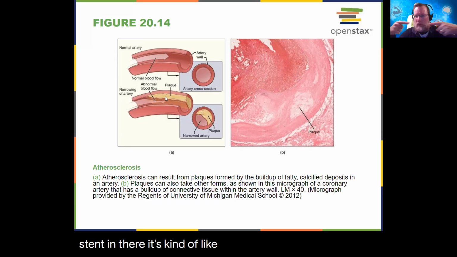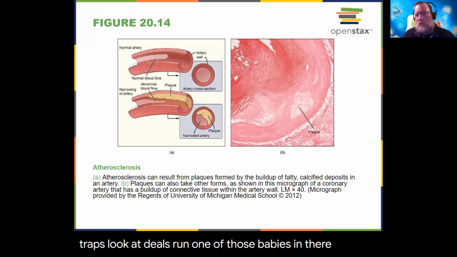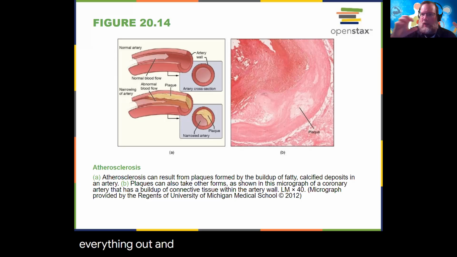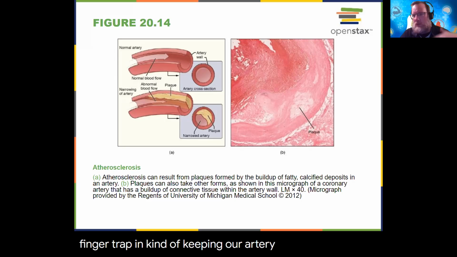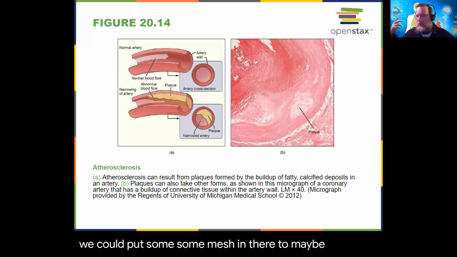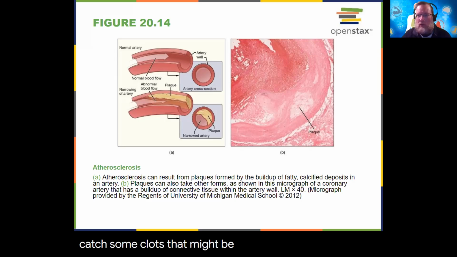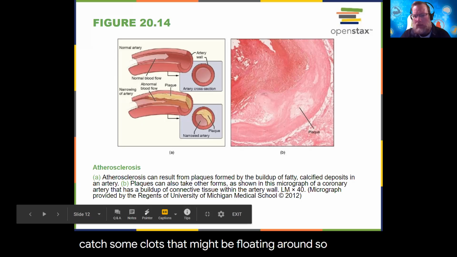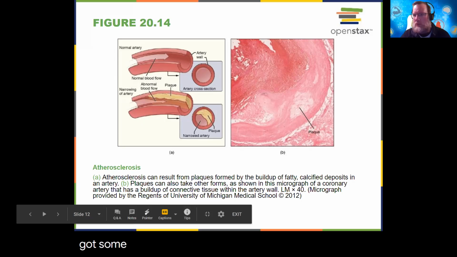It's kind of like one of those Chinese finger traps looking deals. Run one of those babies in there, pull everything out, and boom, we've got a stent, like a Chinese finger trap, kind of keeping our artery walls more stable. We could put some mesh in there too. Maybe we could catch some clots that might be floating around. So yeah, we've got some options.